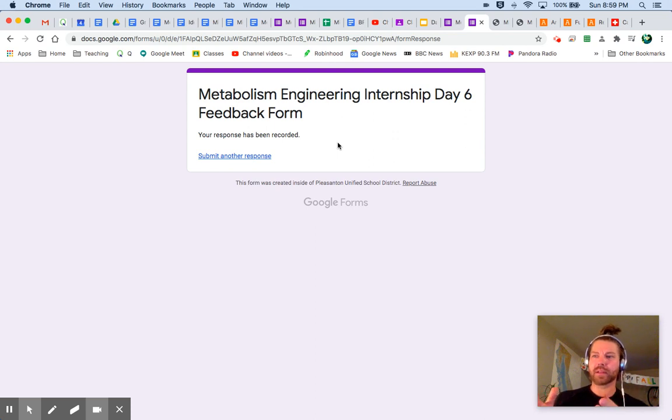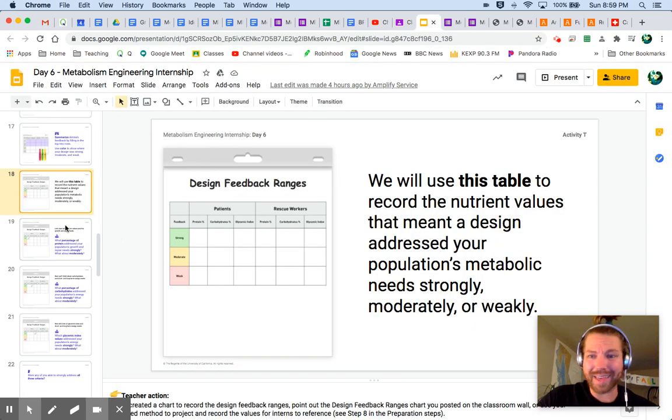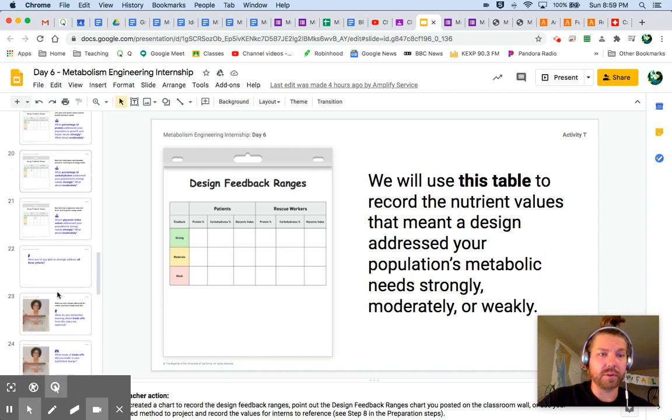What were the numbers people getting that received moderate feedback and weak feedback? So we can see how all of our classes did, and we'll be able to take a look at that data together. So fill that out after you have filled out your own feedback form.